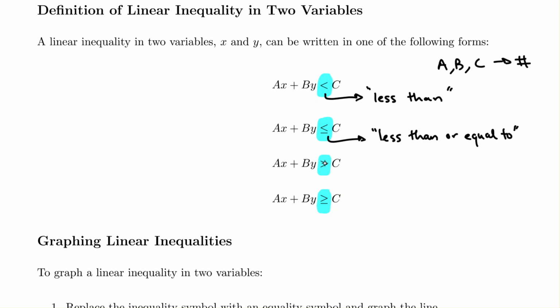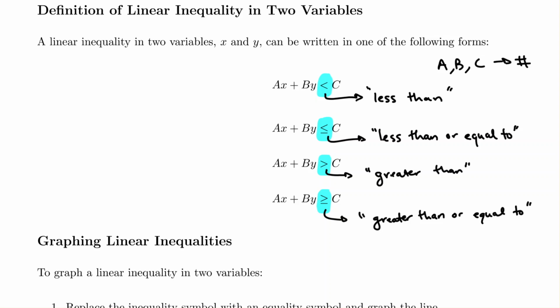This one, greater than, and then this one is greater than or equal to. And again, it's the or equal to because of the line that accompanies it. And our goal of this section is to graph these inequalities.